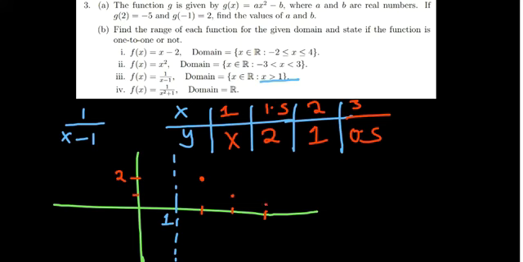And for 3, it has given us 0.5. So what are we saying? This is 1.5, that is 2, 3. As we continue, we expect that the graph will get closer and closer to the x-axis, but it shouldn't cut it. And then it will continue going up as you get closer to 1.